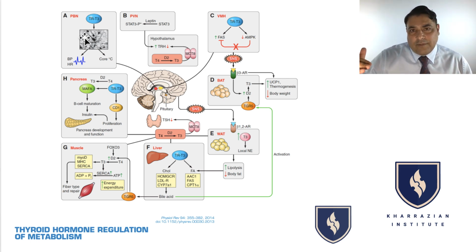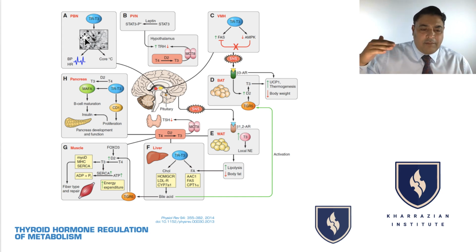And there's also different responses with this hypothalamic PBN pathway, where we have control of heart rate, blood pressure, body temperature. You can see that core body temperature is influenced by this hypothalamic pathway, and it's also really important for just your general heart rate.